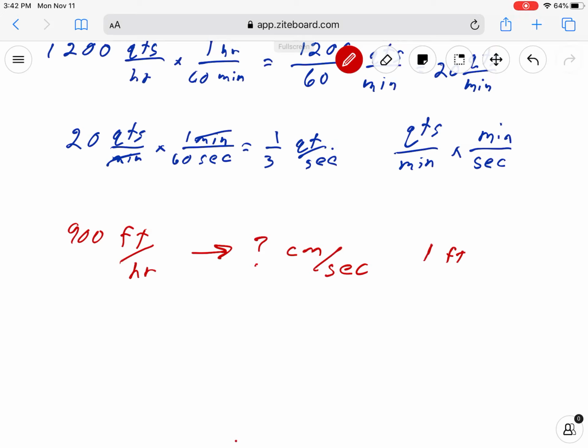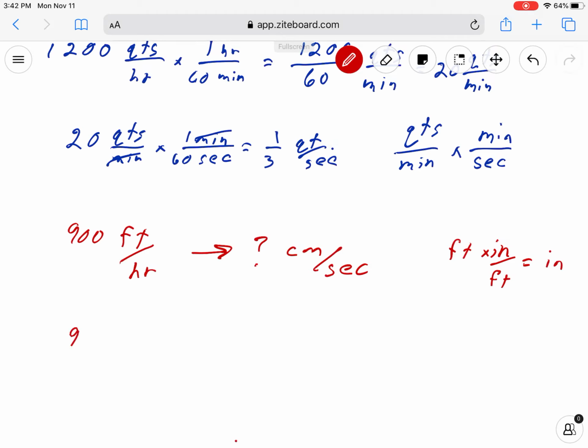Well, let's see. Let me do it a different way since it's just numbers that I have memorized. Let me go from feet to inches. Okay, so feet, and I want to multiply it by inches per foot, and that'll give me just inches.